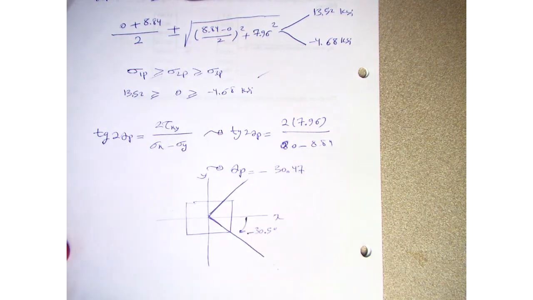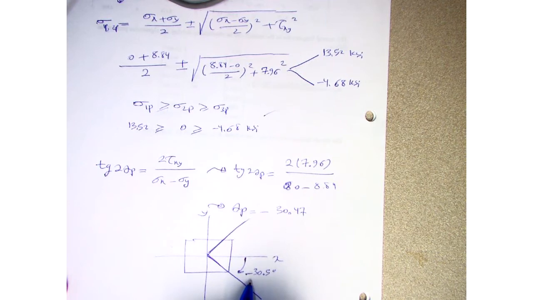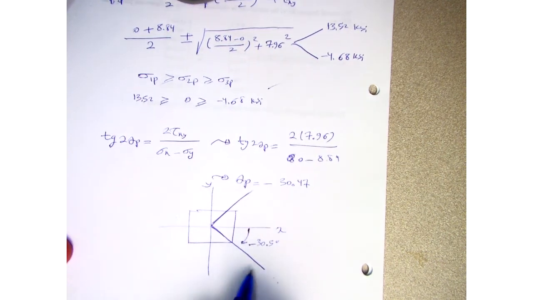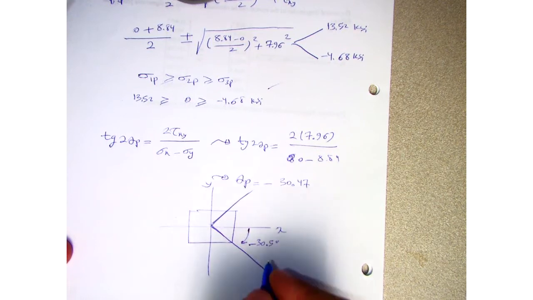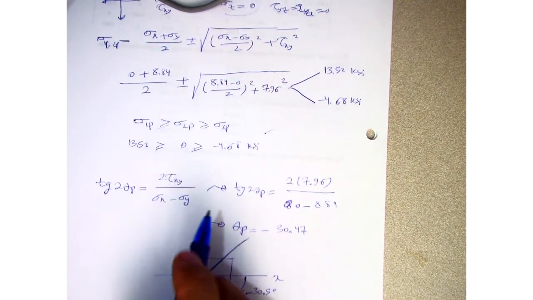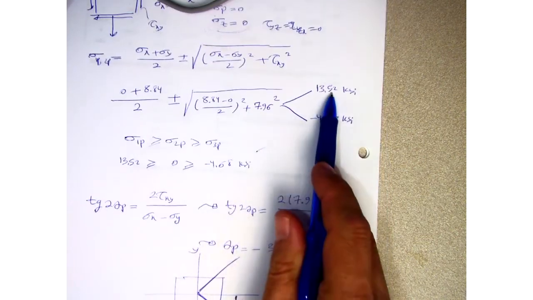So if you put this angle into the transformation equations, you will see that the stress on this plane, on this axis, is going to be negative 4.8468. On this one, it's going to be 13.52.